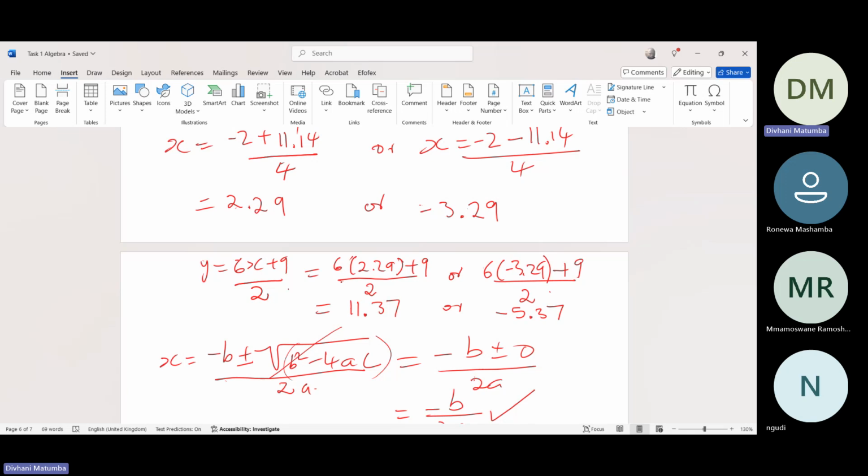On your answers, you can express your answers as coordinates if you want. So your x value will be 2.29, and we'll have 11.37, minus 3.29 and minus 5.37.